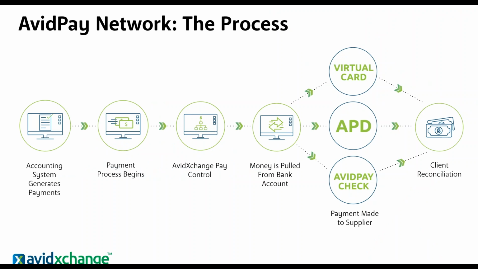So those funds are pulled from your bank account, sent to a trust account, and then the payments approved in the AvidXchange network are pulled from there. Again, we talked about virtual cards, where your vendors have already pre-negotiated with AvidXchange how they want to be paid, ACH or through check. And another nice thing is that AvidXchange will cut the checks on your behalf so you don't have the costs associated with the check processing, or with the stamps and everything and sending them out.